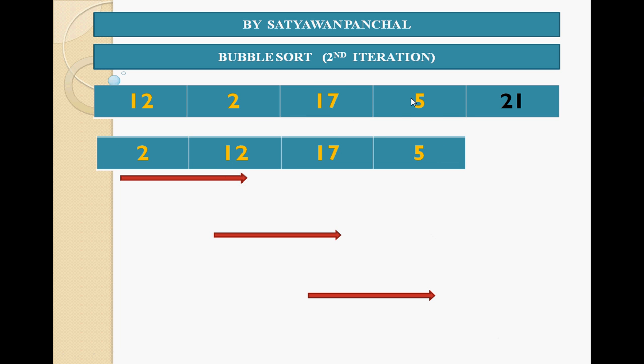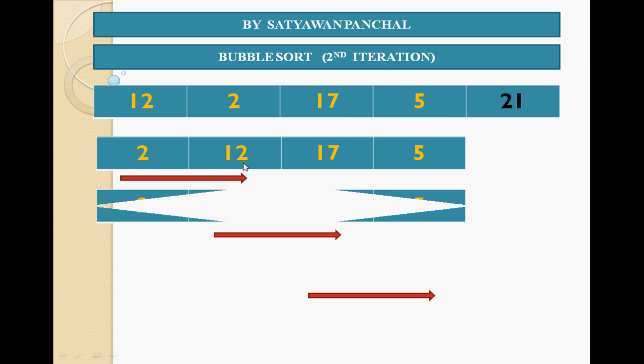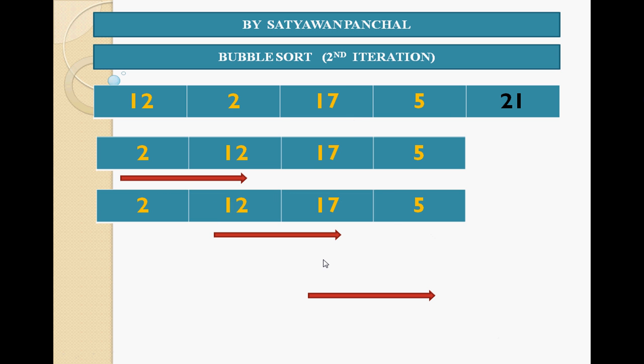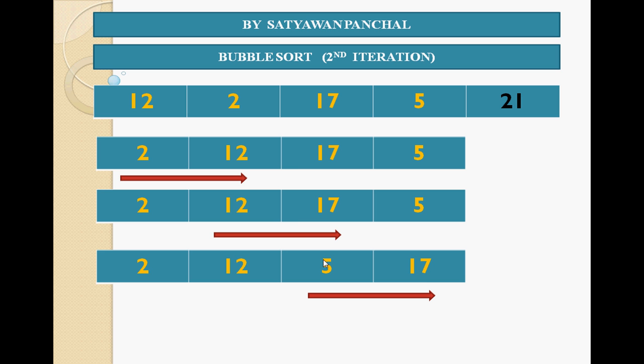So the steps in this iteration will be as follows. 2 will be compared with 12, as 12 is a heavier element, so it will be on the right side, and next 12 will be compared with 17. 17 is already heavier, so it will be on the right side. Now the element at this position, that is 17, will be compared with 5, and we can see here that 5 has been shifted to this position. Okay, now 17 is at the last position.